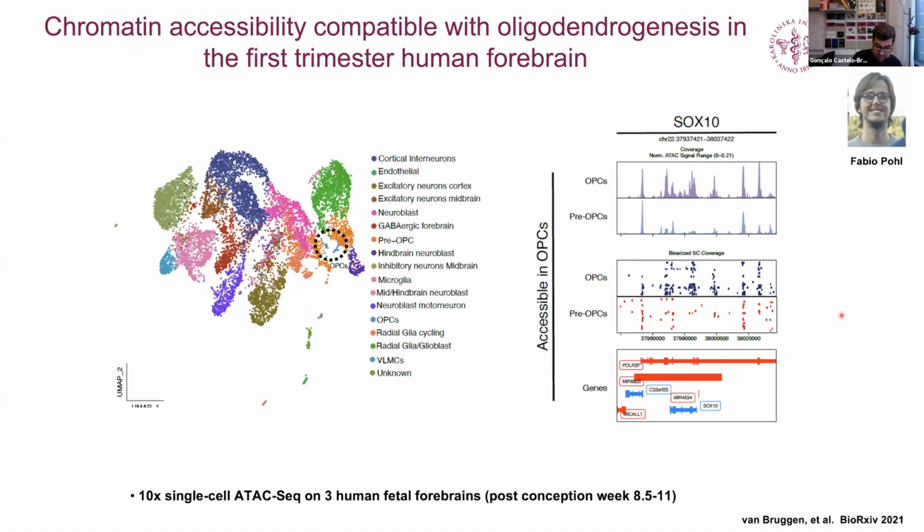Now, most of the studies that I've shown you so far are basically single-cell ATAC-seq for epigenomics. But we are also very interested in histone modifications and in characterizing them genome-wide.